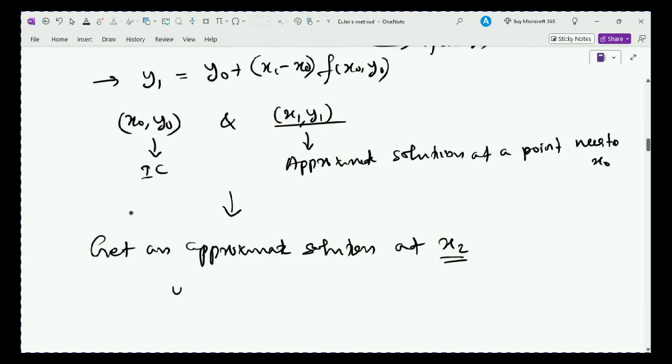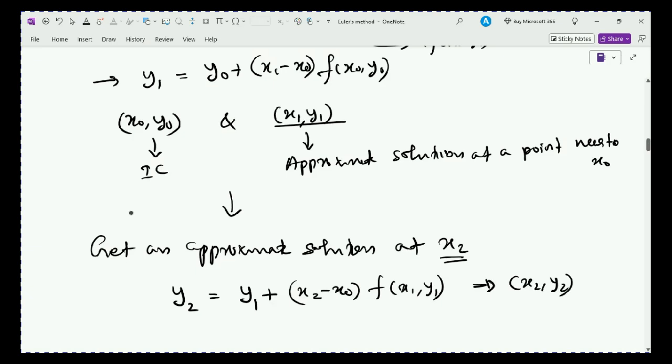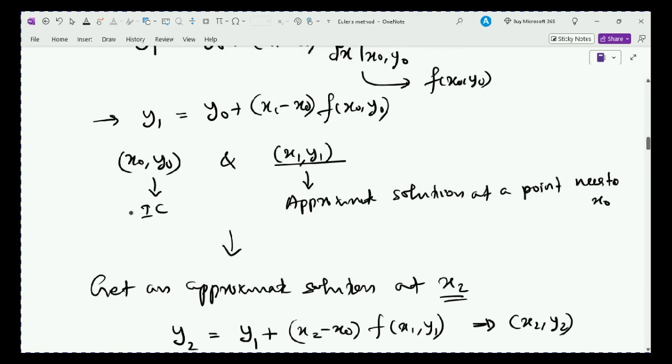That will look like y2 equal to y1 plus x2 minus x1 into f of x1 y1. So this will give us x2 y2. Now we have x0 y0, x1 y1, x2 y2.